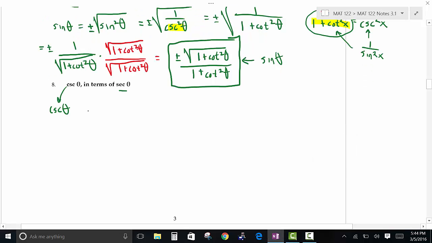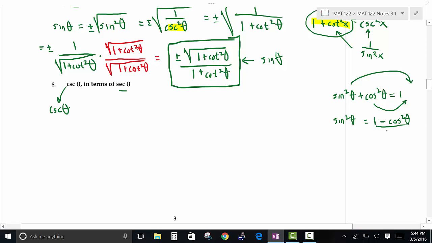All right, so the way I'm going to start this, I'm thinking that we have the basic identity, sine squared theta plus cosine squared theta is equal to 1. And you could rearrange this, moving the cosine this way, so you would have sine squared theta equals 1 minus cosine squared theta.